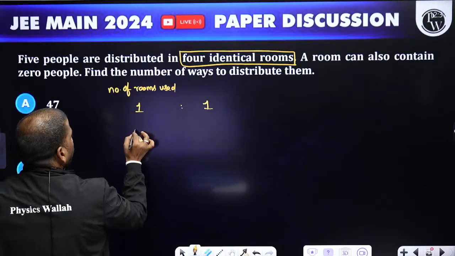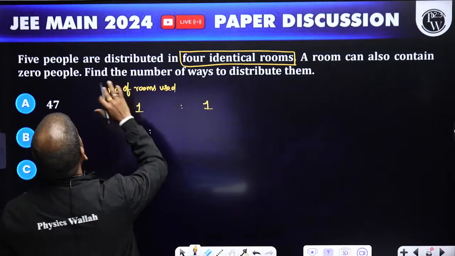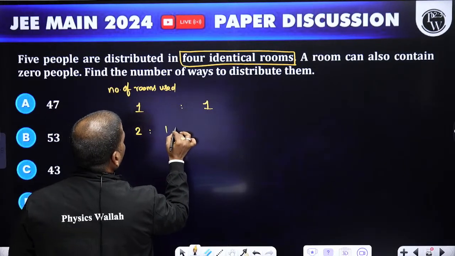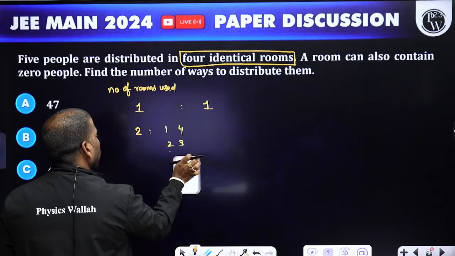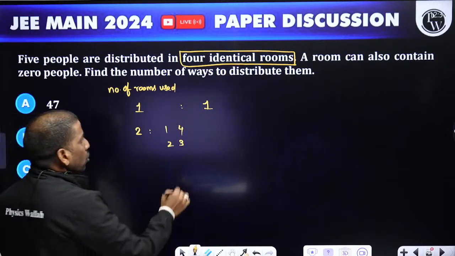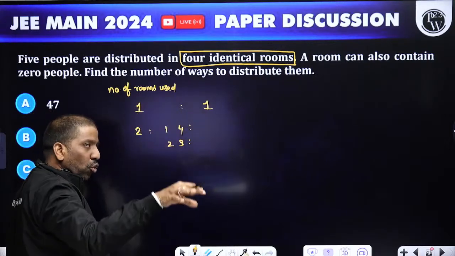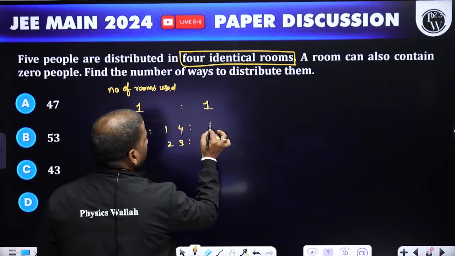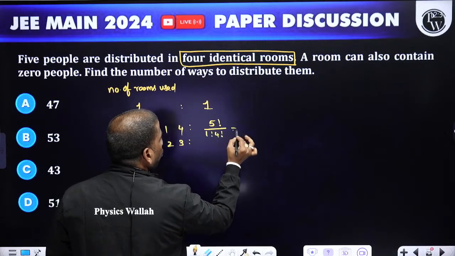Number of rooms used 2: then 5 are distributed like 1 and 4, 2 and 3. 3 and 2 is not required, because the same thing will be repeated, right? So the 1 and 4 distribution of 5 people as 2 groups is 5 factorial by 1 factorial into 4 factorial.